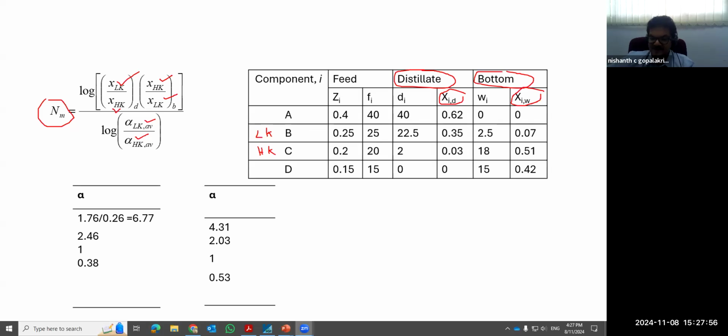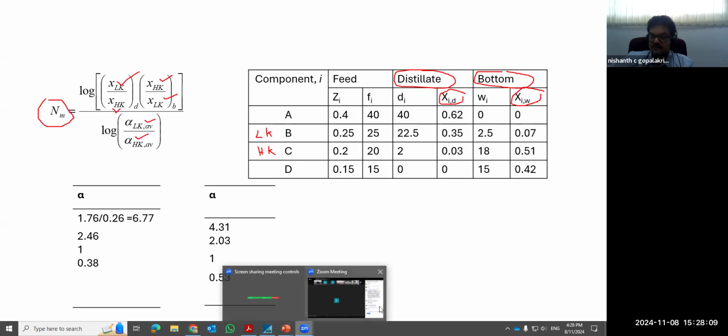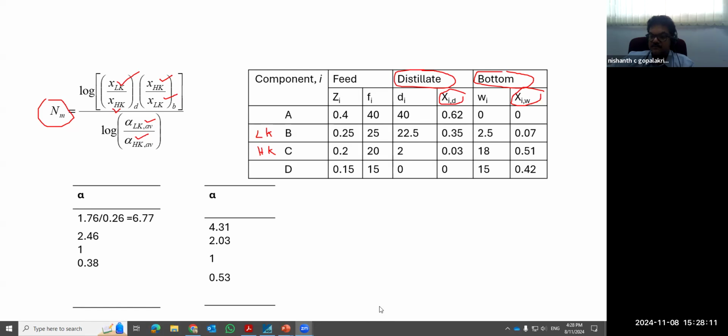Mole fraction of light key at the distillate based on this table. See, light key is B, mole fraction is here. And this is the distillate mole fraction, this is the bottom mole fraction. So what is the mole fraction of light key at the distillate?